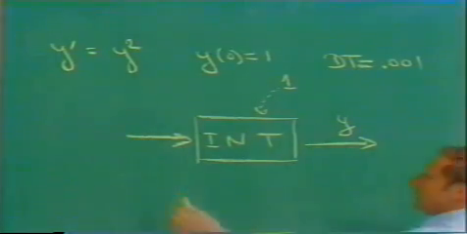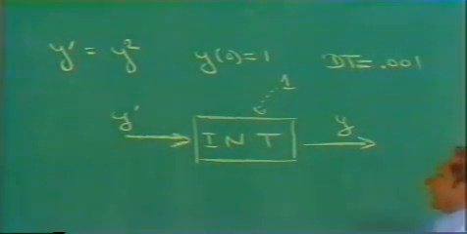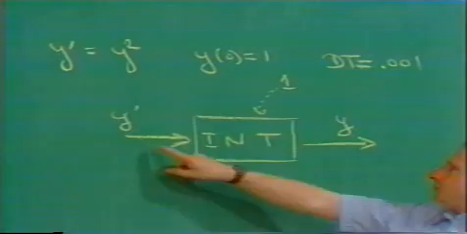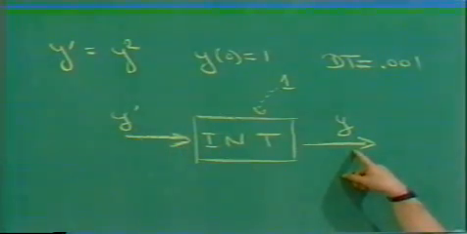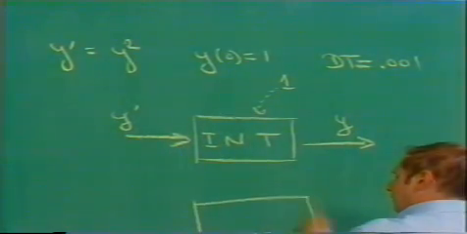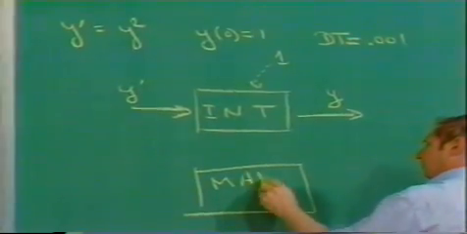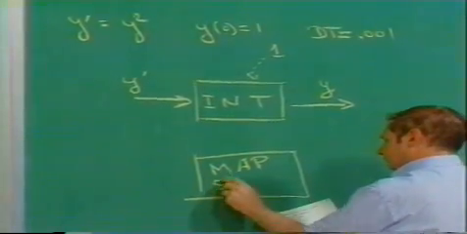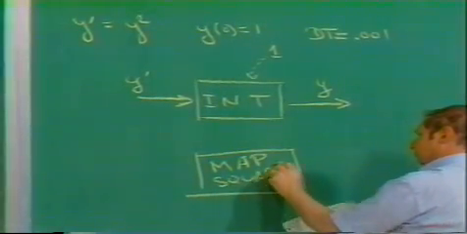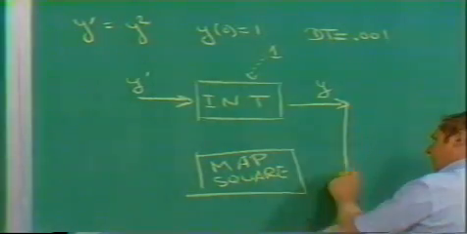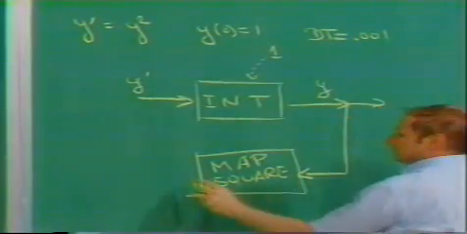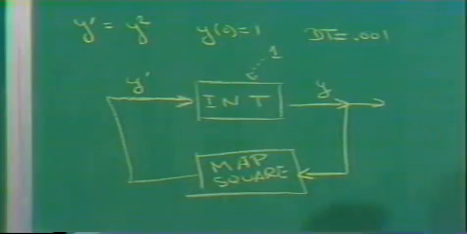And what we're going to feed in is the derivative, and the derivative is supposed to be the square of the answer. So if we take these values and map using square, and I feed this around, that's the little block diagram for an analog computer that solves this differential equation.